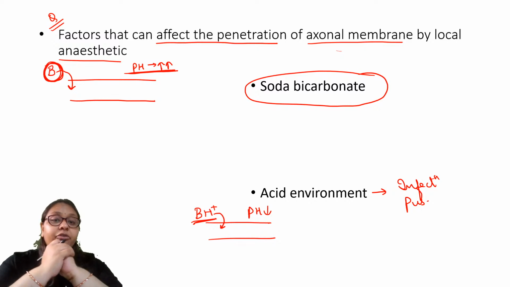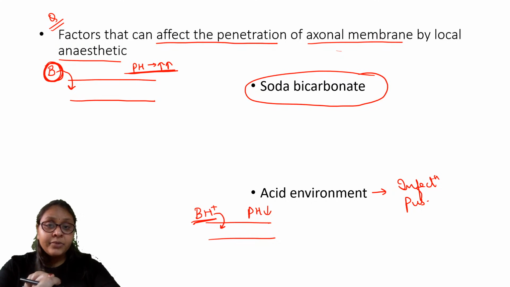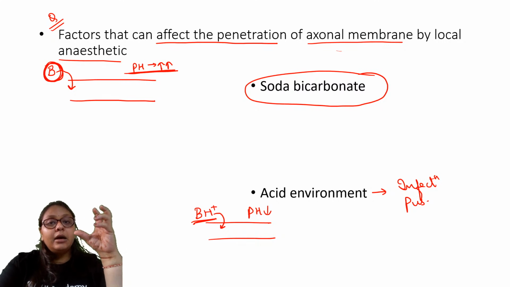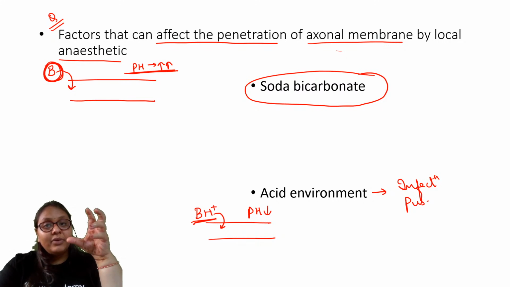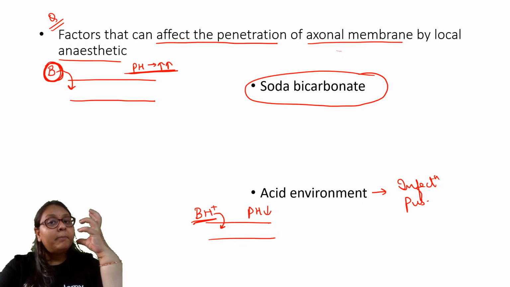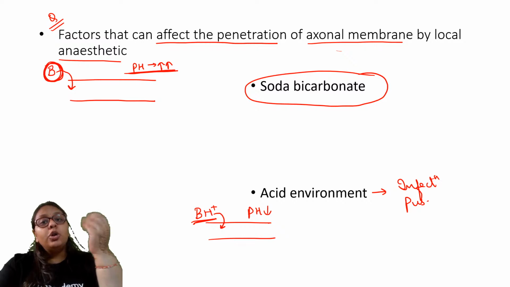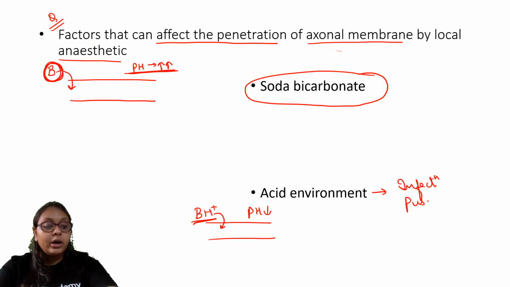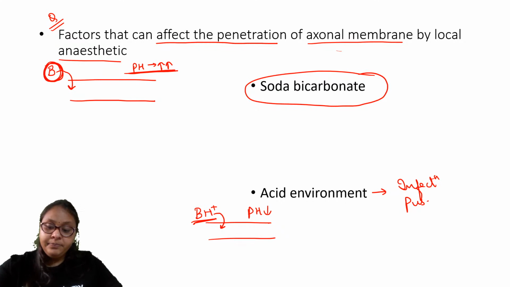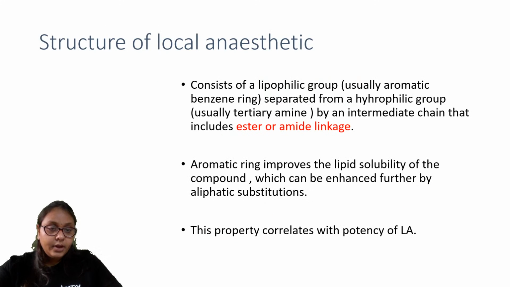Is it clear? Therefore, it takes a longer time for the local anesthetic to work in the environment where the infection is present or the pus is present. अगर उस area में pus present होगा, local anesthetic will take longer time to act. Is it clear? Okay.